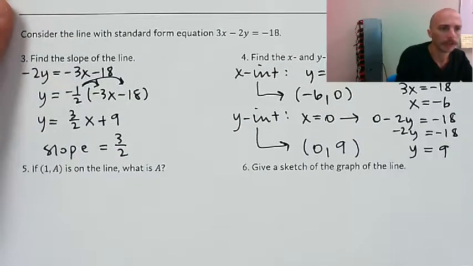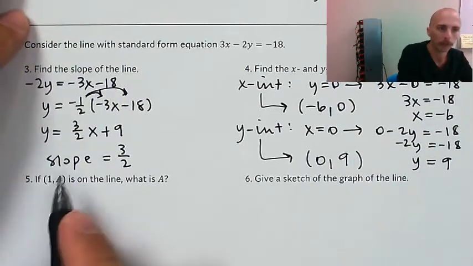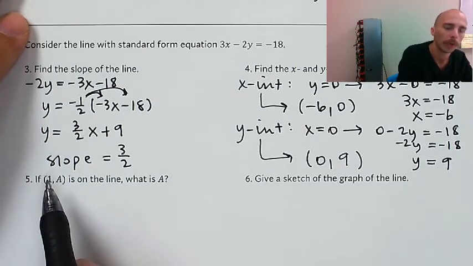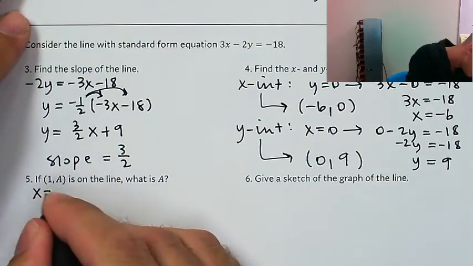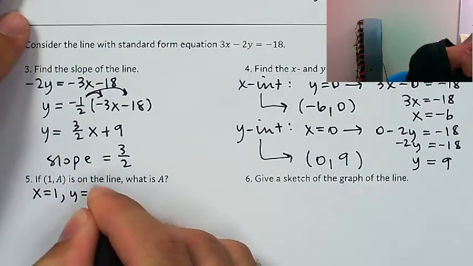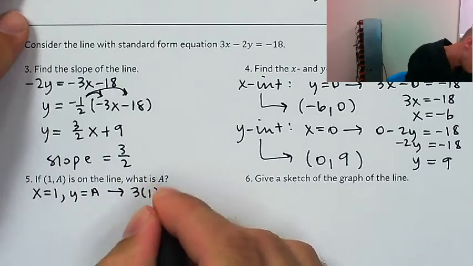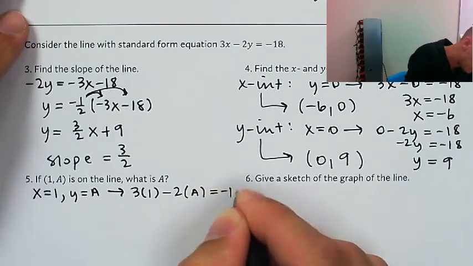Okay, if (1, a) is on the line, what is the value of a? So this is just a point where we don't really know the y-coordinate yet. But what we're going to do is plug in x equals 1 and y equals a. So that's 3 times 1 minus 2 times a equals negative 18.